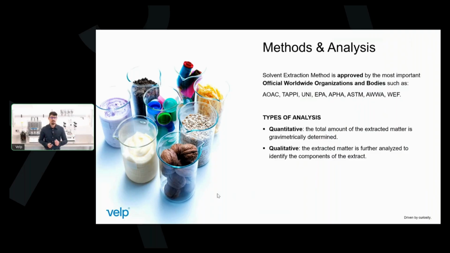Then on the other side, we have the qualitative extraction or qualitative analysis, in which the extracted matter is further analyzed to identify different types of components of this extract. So in this case, the extraction is a sample preparation for this analysis, and this analysis will allow the laboratory to gain deeper insights into the composition of the sample beyond just the total content.